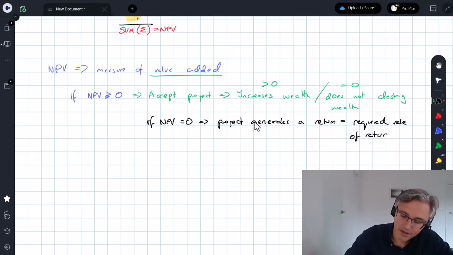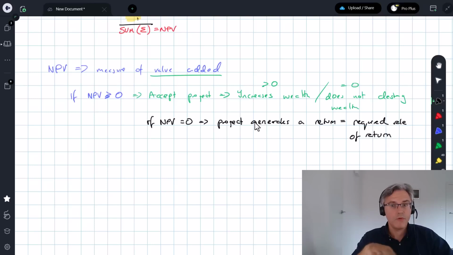It doesn't generate any more, but it generates what's required. So it kind of touches the hurdle, so to speak, right?